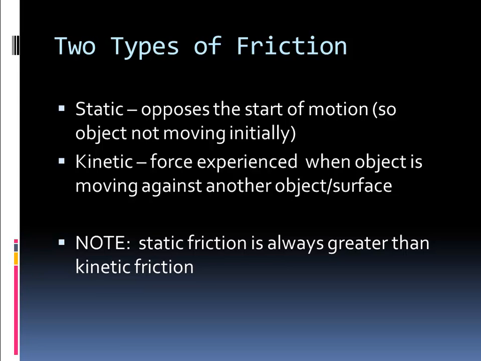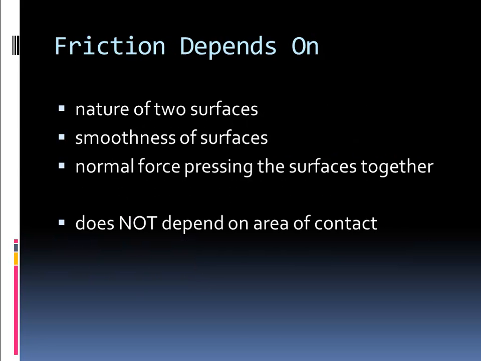Then you also have kinetic friction, and this is the force experienced when an object is moving against another object or surface. Kinetic friction is probably the one that you think of most of the time when you think of friction. It is important to note, however, that your force of static friction is always going to be greater than your force of kinetic friction.